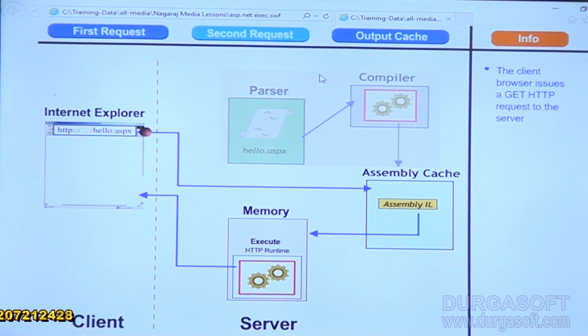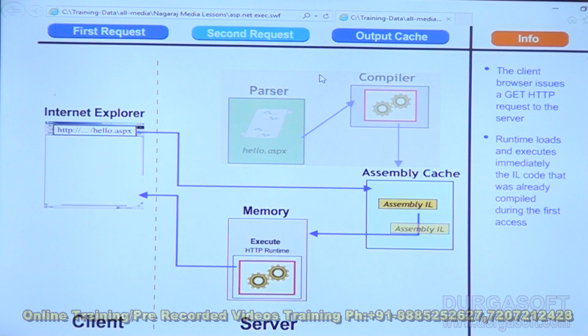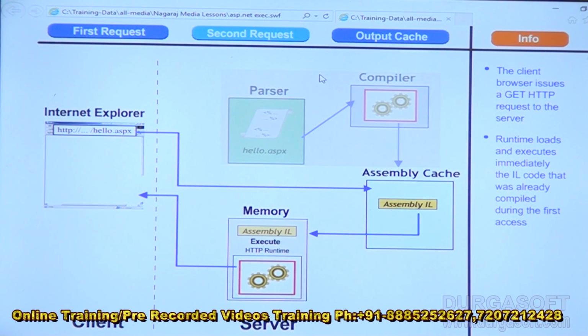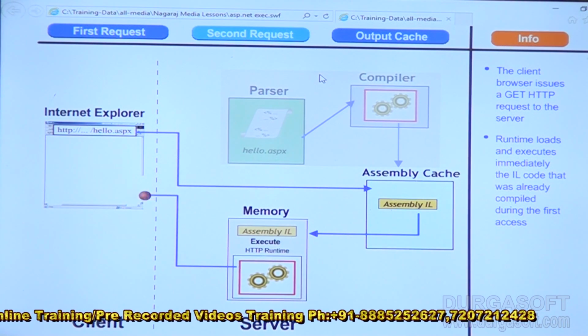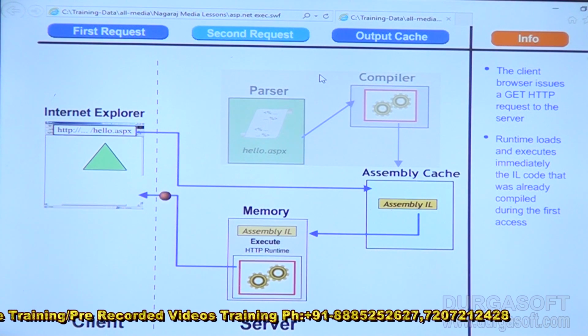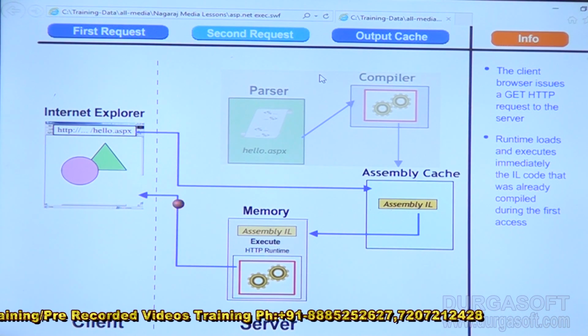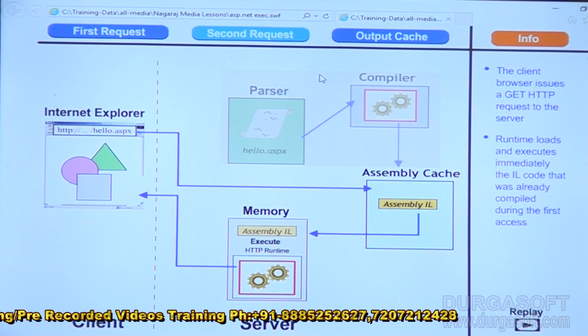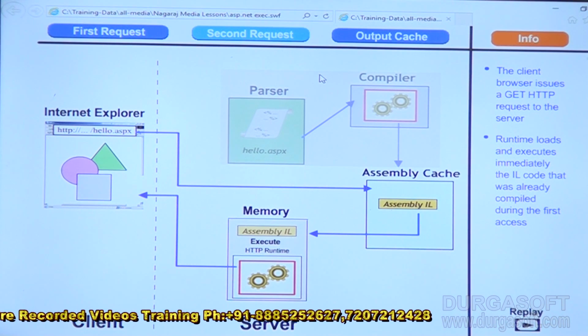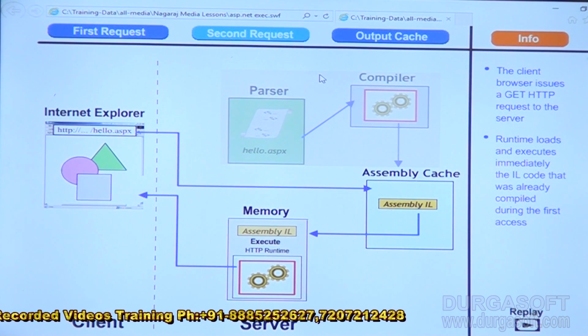It goes to that programmed memory area. It kept it the first time so that it is there for next time. Now tell me, is it accurate or not? Yes, because that page is not changed, and when that original page is changed, it will remove it from the cache.